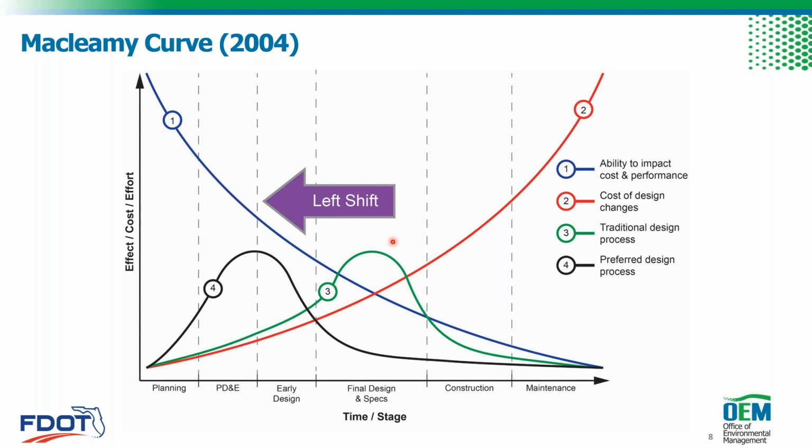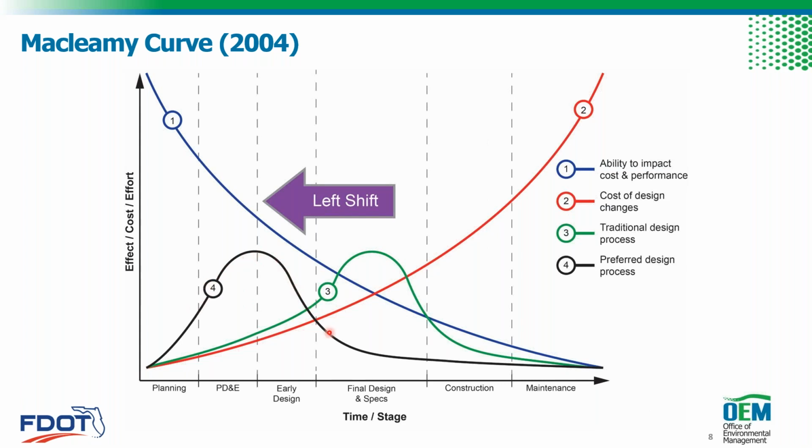And there are some strides being made even with FDOT, with some of the processes currently in place, where we're utilizing concurrent PD&E and design phases. So you're going to see a lot more of this because it's a more effective use of our resources if we take care of those decisions earlier on.